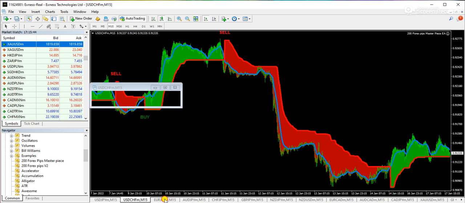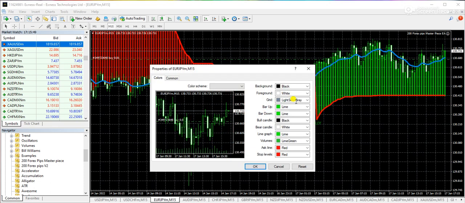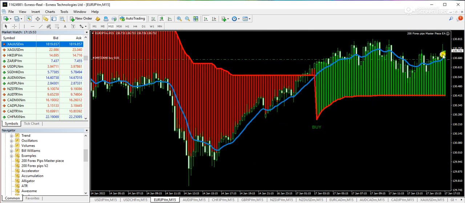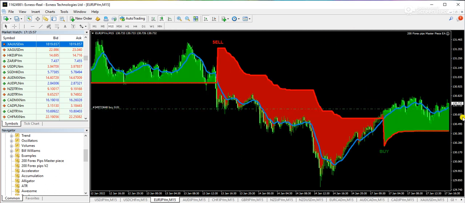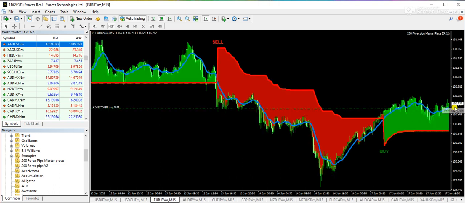So guys, let me take you towards EuroJPY. Right now you can see my personal trade is also active on EuroJPY because I'm using the expert advisor of this indicator. This indicator is already automated, so if you want to go for the automated version, we also have this. You can see my buy is triggered on EuroJPY and on the 15-minute chart the market is already pumping up, so I am holding my trade.